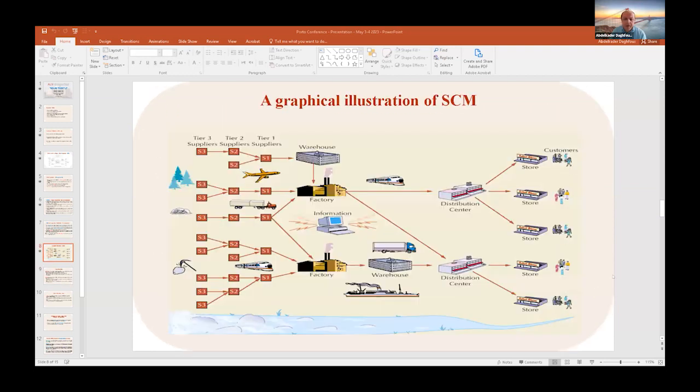So for example, you have a graphical illustration of a supply chain. We have warehouses, factories, information systems, distribution systems, logistics, stores, customers, suppliers. All of these are linked together. And anywhere in the supply chain there could be a problem or an opportunity.